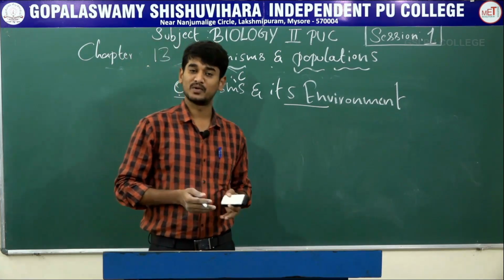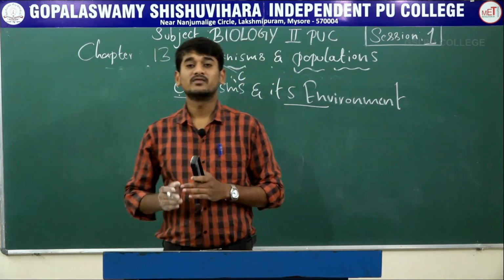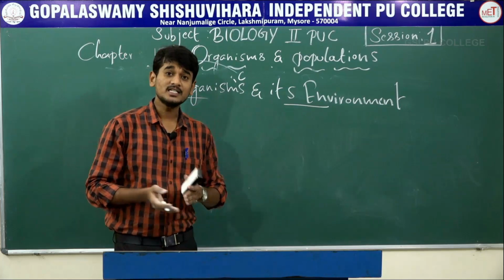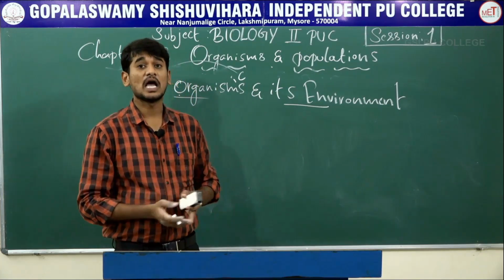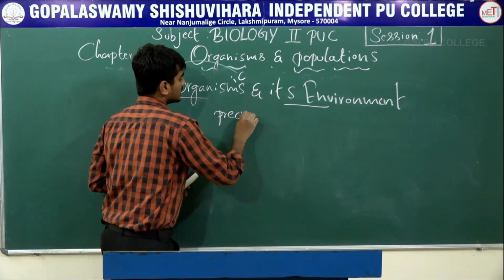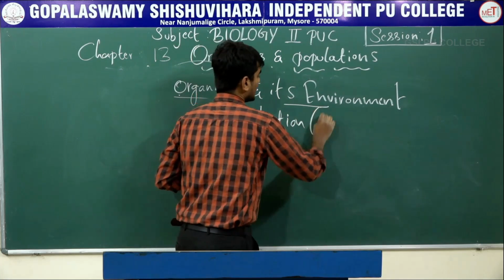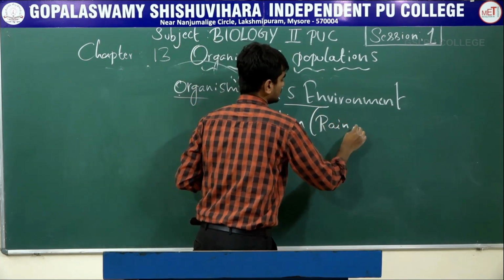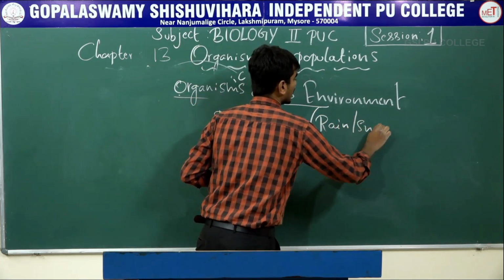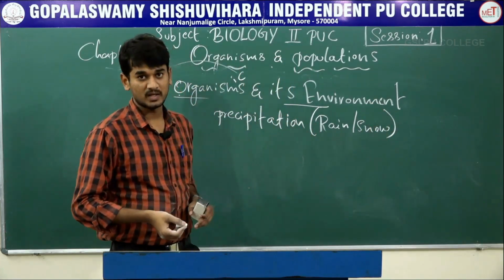Now in a year we can see rainy season, winter, and summer. So it forms different seasons. These variations, together with annual variations in precipitation. See, precipitation means rain or snow. So it will form major biomes.